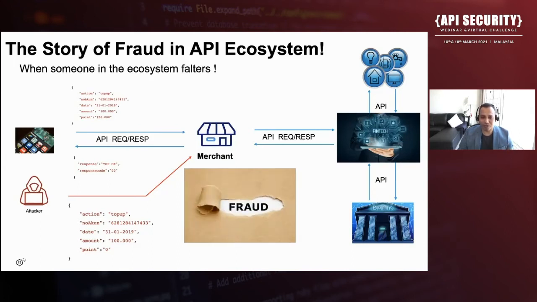And for $0, they were able to load the services, which was the actual making of the fraud. To analyze this, to understand who in this ecosystem was faulty, was a tough job. But this is what happens when we open up APIs without having proper security in place or without taking due care of all the things that need to be analyzed.